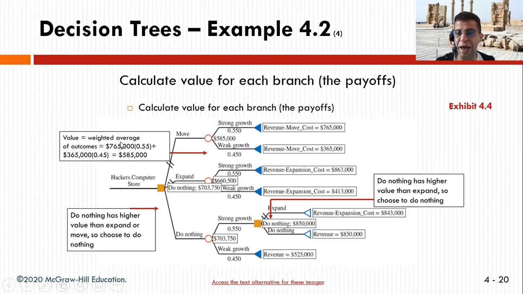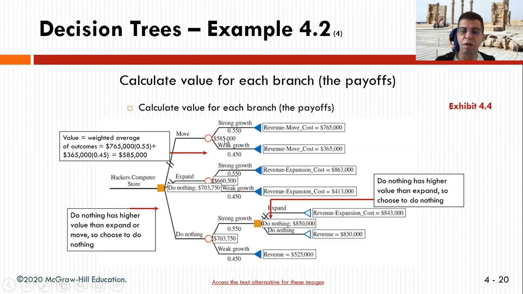So the weighted average, you add them together, and then you get 585. So the first one, moving, you only make 585,000, the weighted average value. On the second one, when you do expanding, the weighted average is 660.